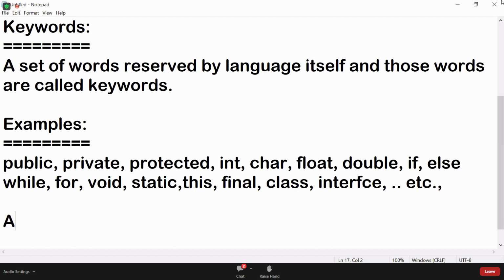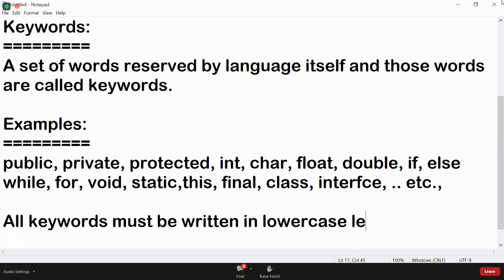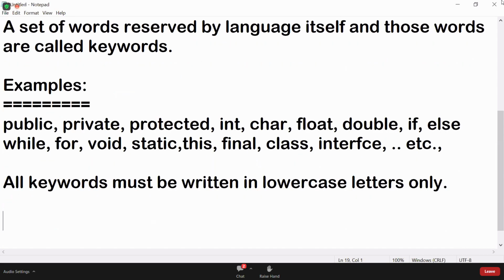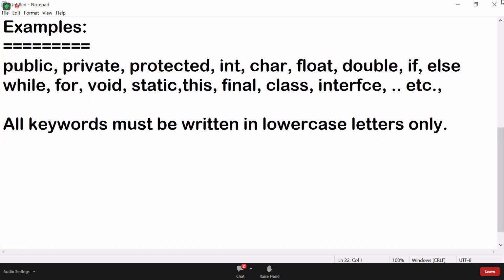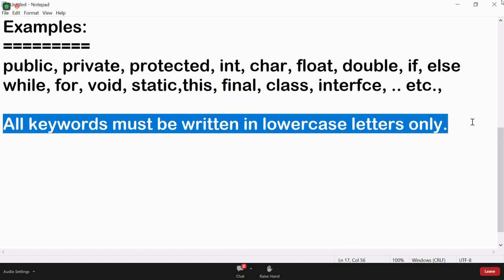Now, next, write it: all keywords must be written in lowercase letters only. You should not write capital letters. Compulsory small letters.